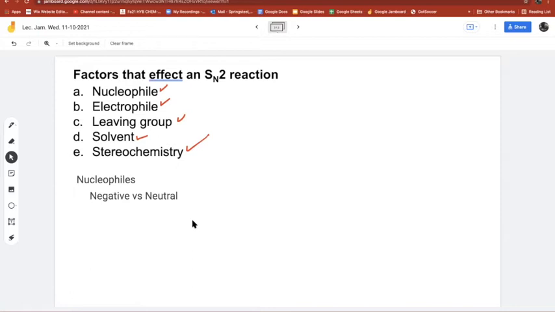So let's look at, for example, water versus hydroxide. What's the stronger nucleophile, would you guess? Having negative charge makes you much stronger. Yep, much stronger.